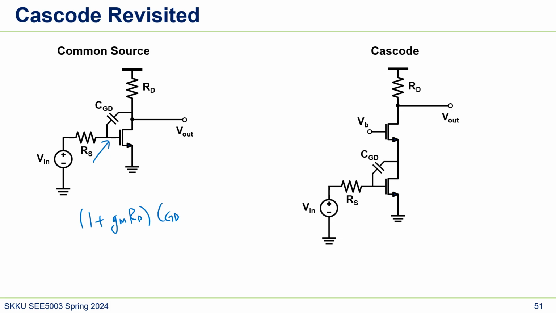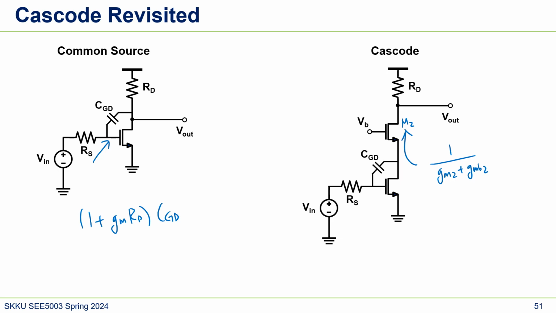With some approximation, what we can do is to see the resistance here is 1 over GM2, well, this is M2, 1 over GM2 plus GMB2, right?